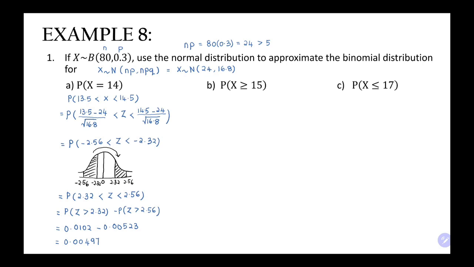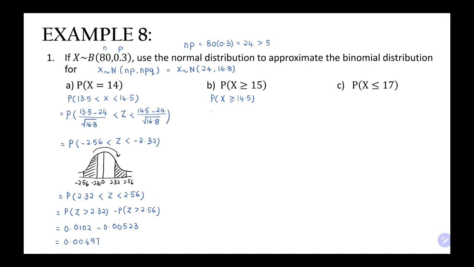Question B, we want to find probability for X greater than or equals to 15. So remember, first step, we use continuity correction. Greater equal means we need to minus 0.5. So we get P(X greater than or equals to 14.5). For sign greater equal, we minus 0.5.